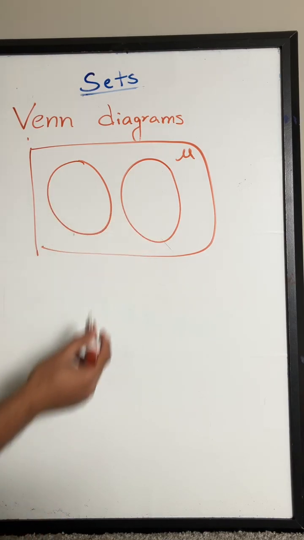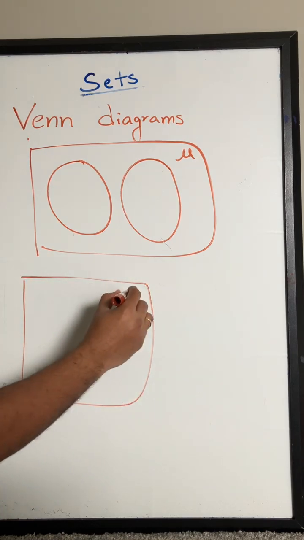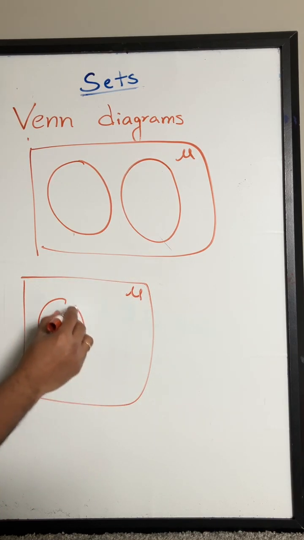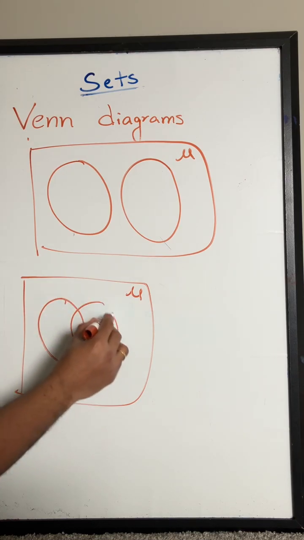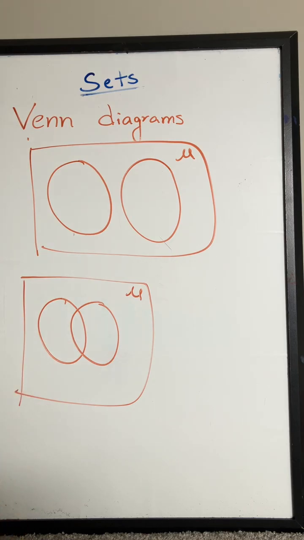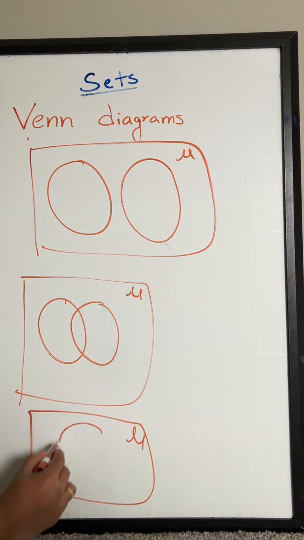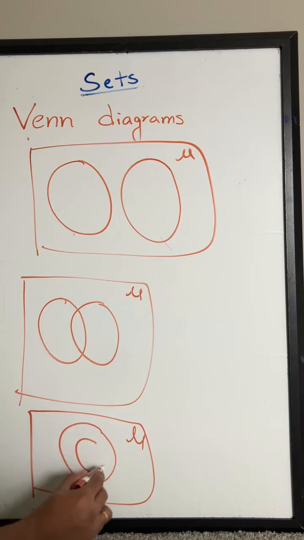Two circles not touching each other, or another type: two circles a little bit inside each other, having common space, or a third type where one circle is totally inside the other circle.